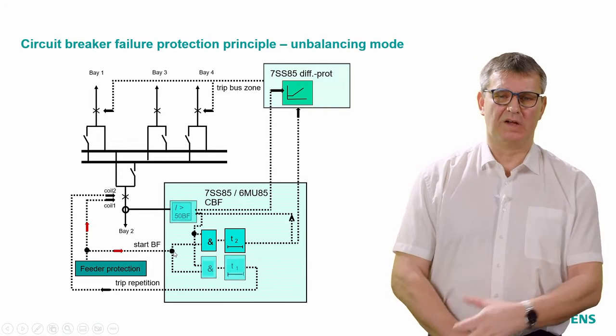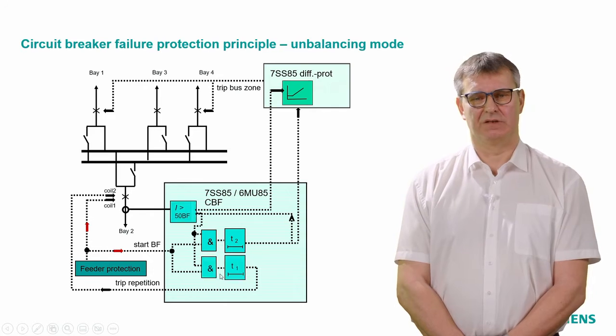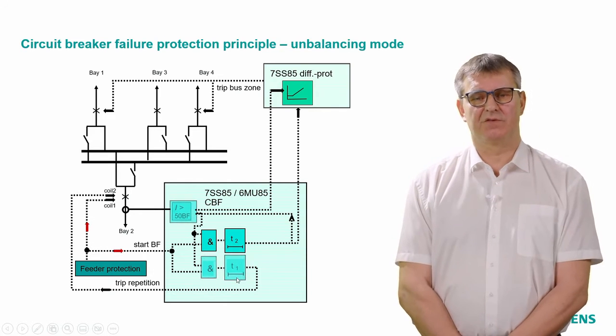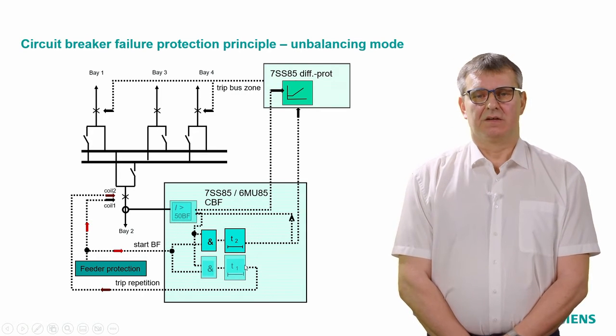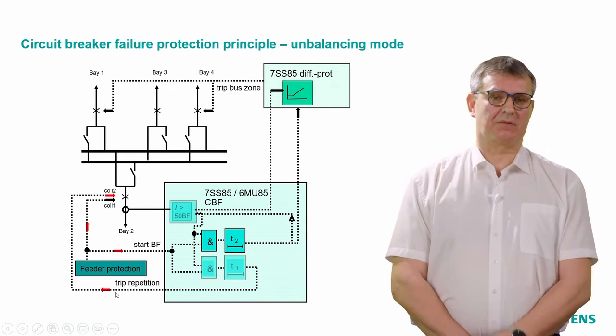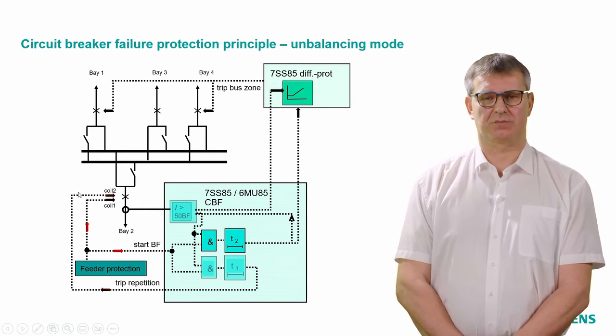We have once again our current threshold and delay time T1, watching the current information. If the current doesn't drop below the threshold, we have a trip repetition: the device will send a trip signal to coil 2 of the circuit breaker.